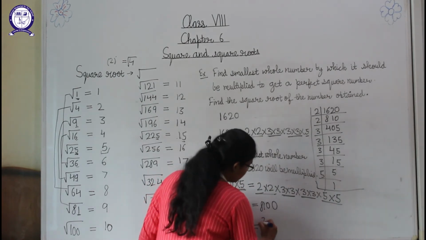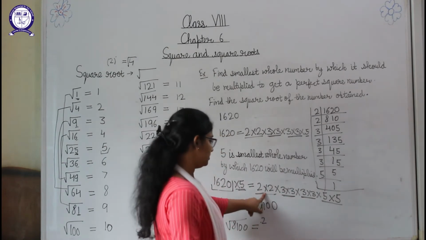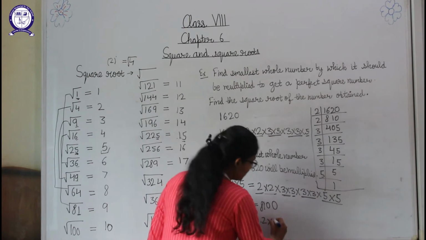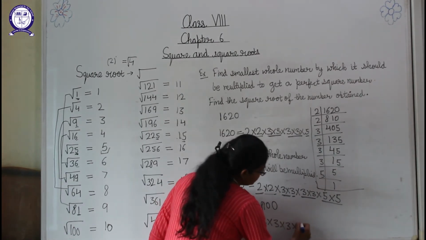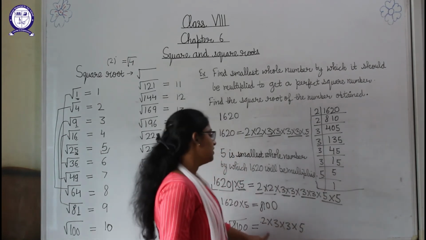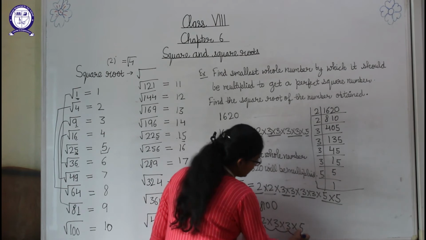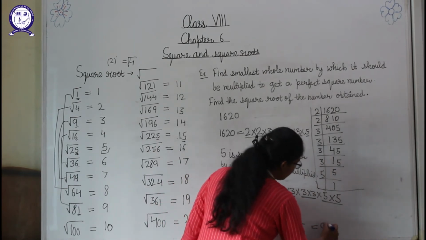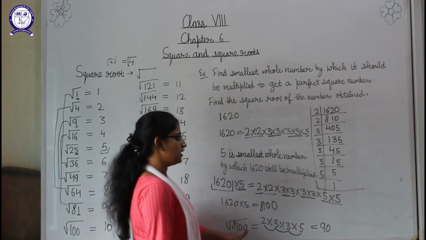And you will get the pairs like this only. So this 2 will be written one time, this pair of 3 will be written one time, this another pair of 3 will be written one time, and this pair of 5 will be here. So 2 3s is 6, 6 3s is 18, and 18 5s is 90. So what is the square root of 8100? 90 is the square root of 8100.